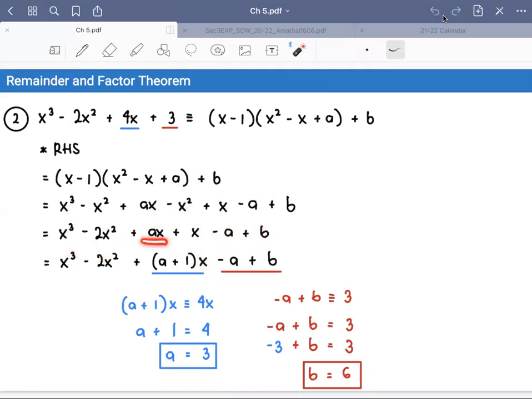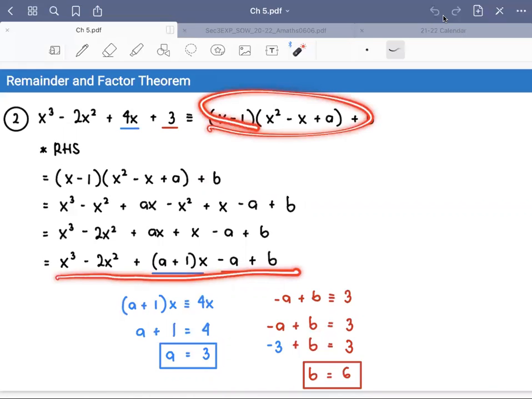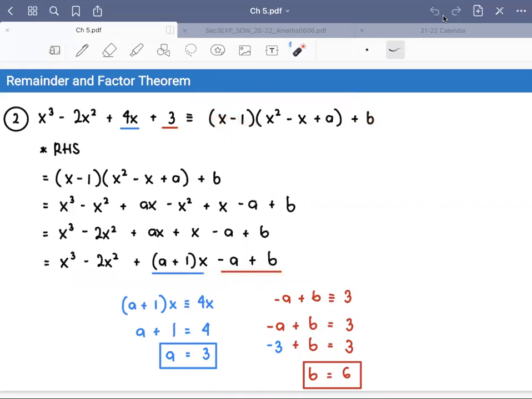And then you divide each term by x, and that's how you get a plus 1, right? So it's now a plus 1 times x. So this is your simplified work for this side. And what's next after that? Once we've done simplifying this, what's next?